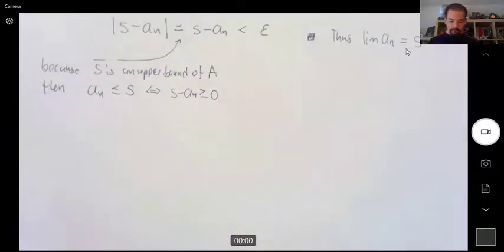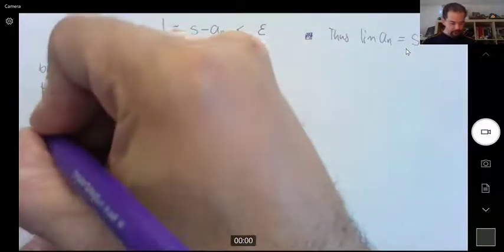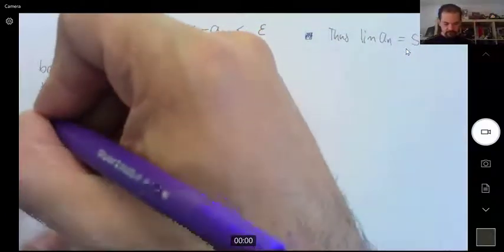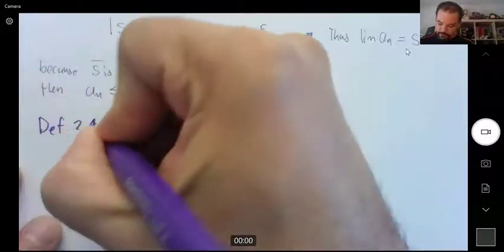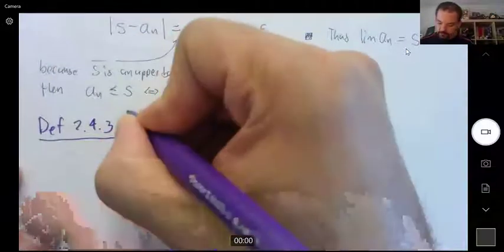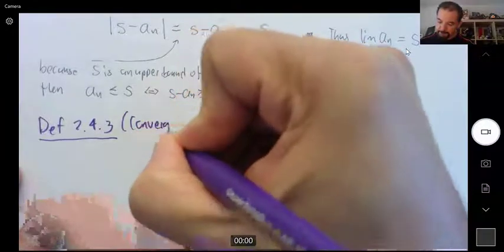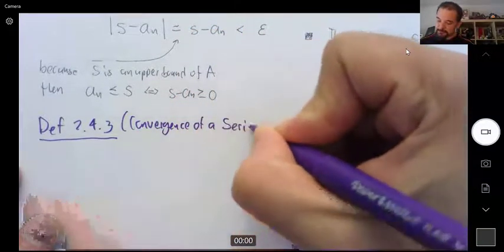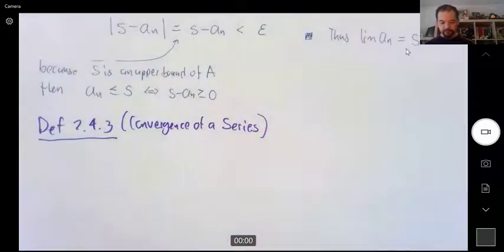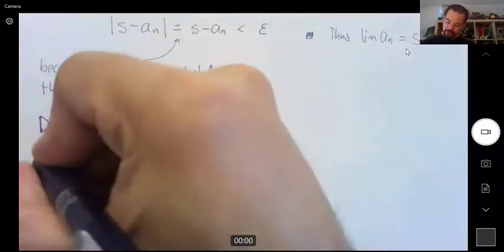This will be definition 2.4.3, and it's called convergence of a series.